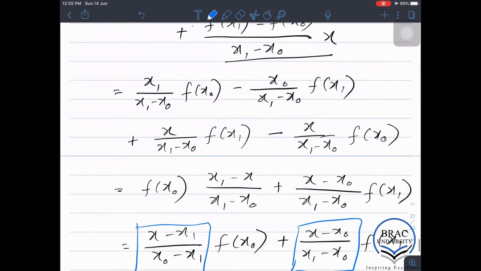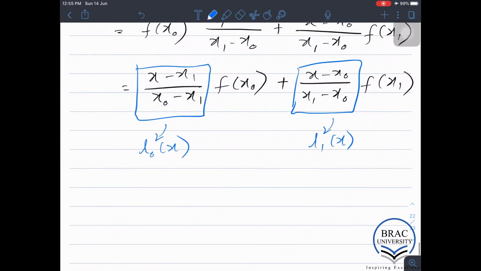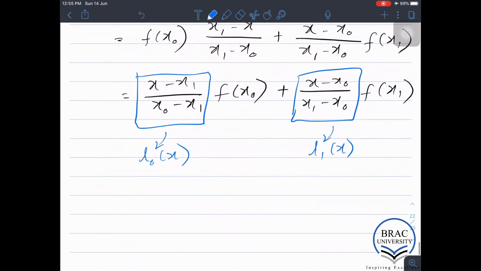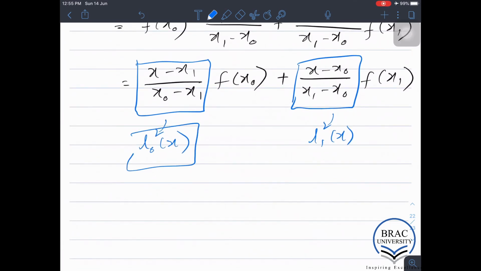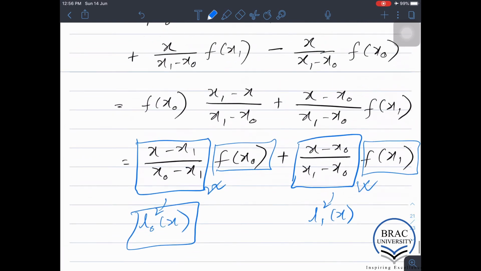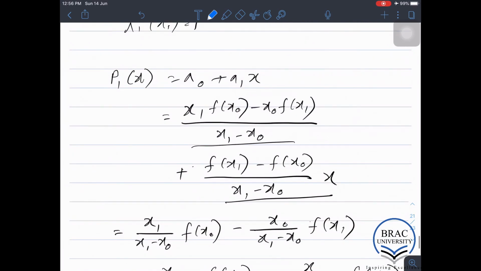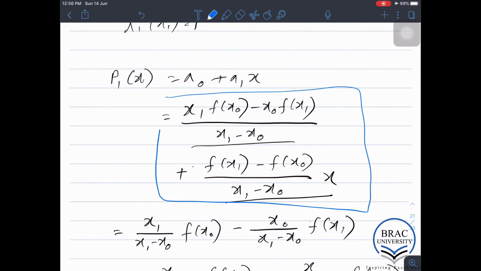So why are we doing this? Now you can see it's really easy to find the polynomial, because you can easily calculate L0, because you just need to know x0 and x1 to calculate this here. Similarly, you can easily calculate L1 of x. You know this f of x0, you know this f of x1. So this is the same polynomial that we calculated with the Vandermonde matrix.